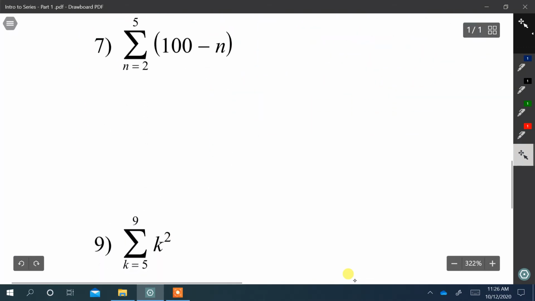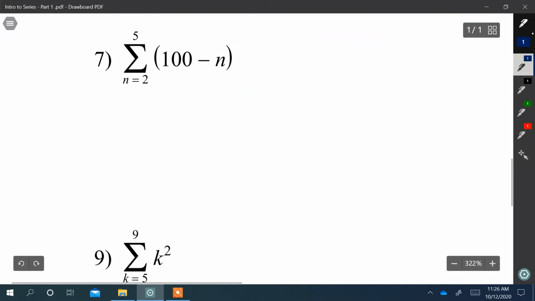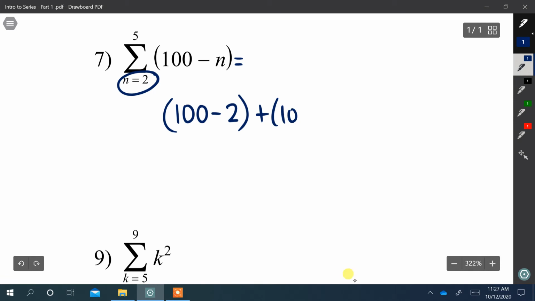Now let's do number 7. Once again, we're gonna start with 2 right there. So I'm gonna have 100 minus 2. Okay, that's gonna be my first term. Then it's gonna be 100 minus, well, the next one will be 3, all the way to 5.